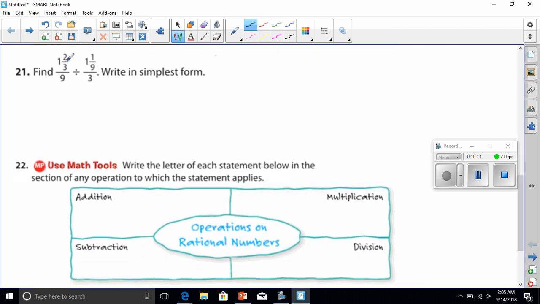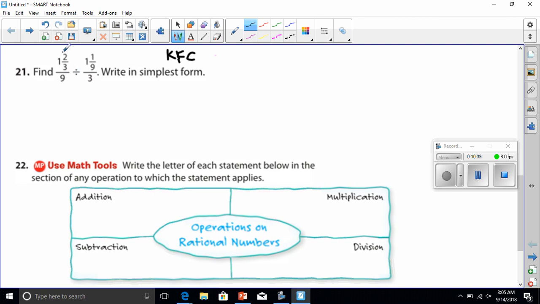Find 1 2/3 divided by 9, divided by 1 1/9 divided by 3, and write it in simplest form. Well, we've been doing stuff like this in class, so this shouldn't scare us anymore. But again, we're using KFC. What we have to remember is we have division problems in division problems.